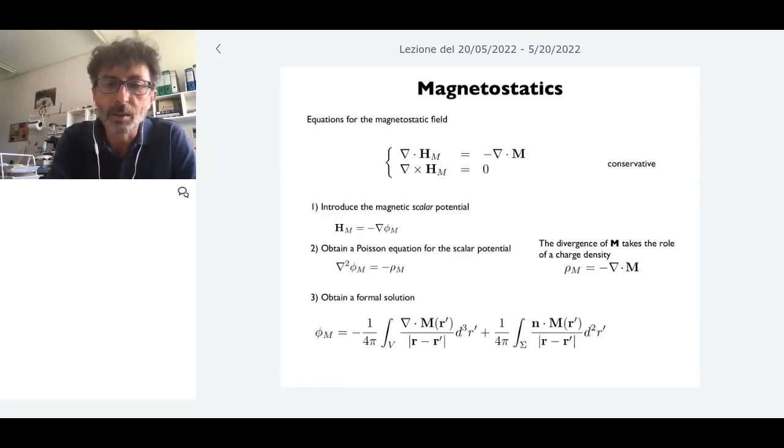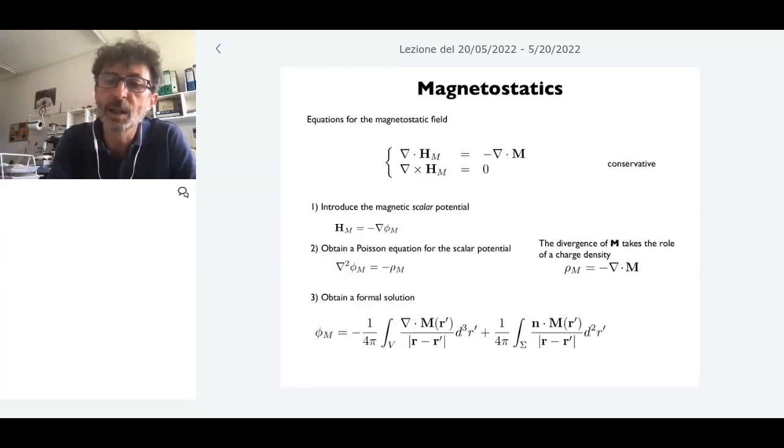We are allowed to say that instead of the vector H_M, we want to deal with a scalar, this potential phi_M. And we just say the magnetostatic field is nothing else but minus the gradient of this magnetic scalar potential. And then we follow something in the same line as before.